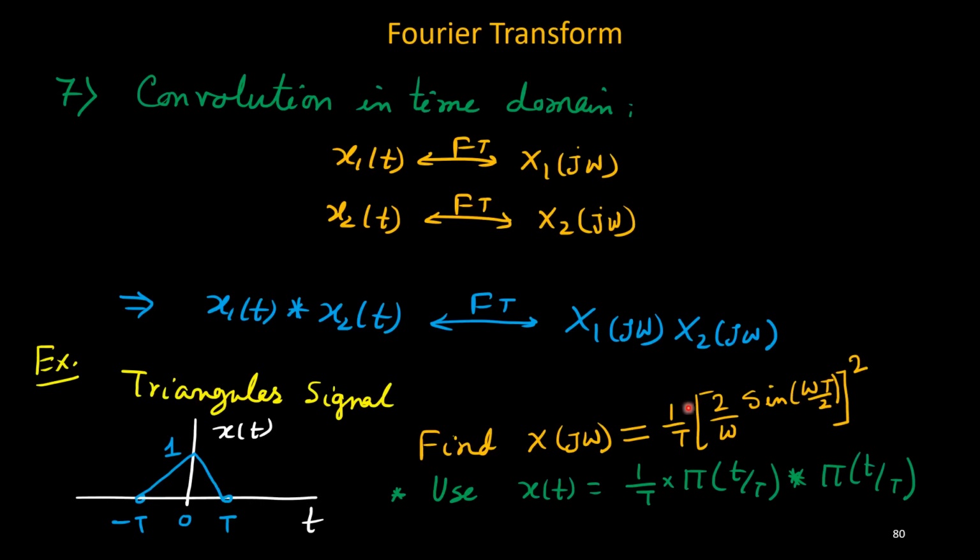So it is 1 upon T times 2 upon omega times sine omega T by 2, squared. So this becomes a sinc-type function: for a triangular signal in the time domain, its spectrum becomes sinc squared. This is very useful. We can use this property.